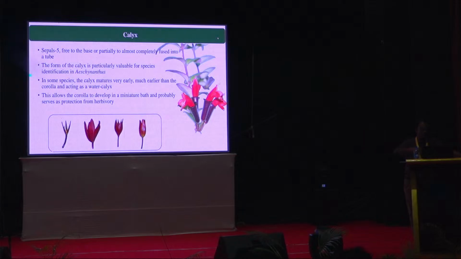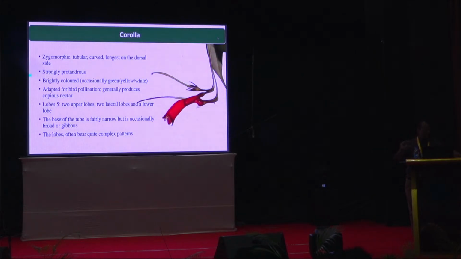So there is much variation in the nature of the calyx, from completely free to slightly fused to completely fused. Then the corolla is the most beautiful part of this Aeschynanthus. As I said, they are zygomorphic, tubular, and curved, and comparatively very long.